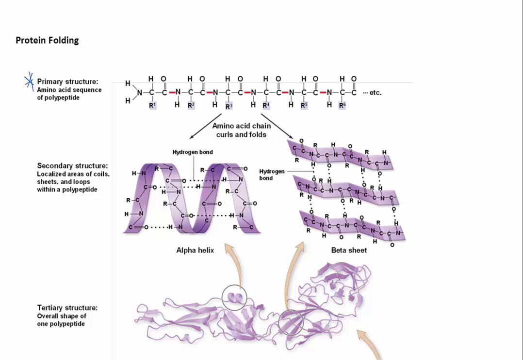Primary structures can then form into one of 2 different secondary structures, either an alpha helix or a beta sheet, as a result of hydrogen bonds between parts of a polypeptide. So hydrogen bonds are responsible for primary structures becoming secondary structures.